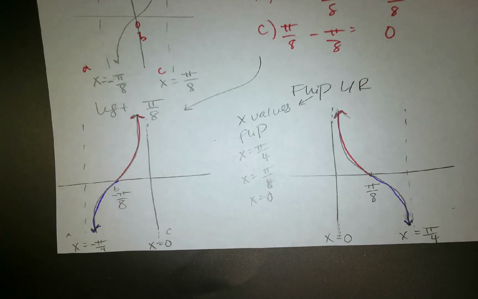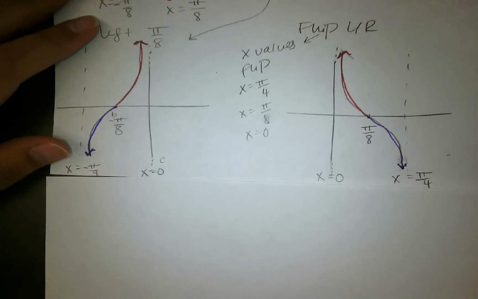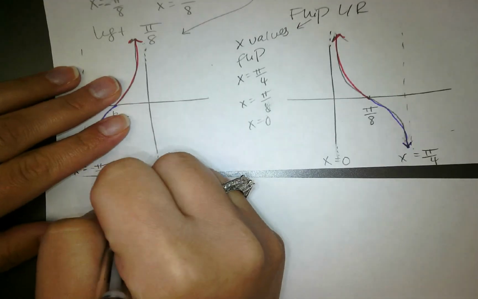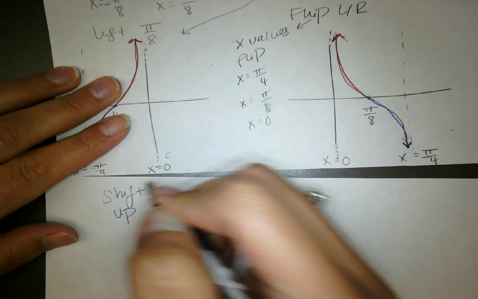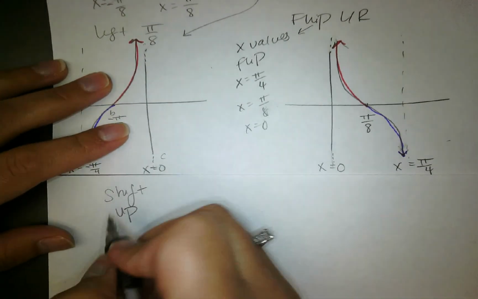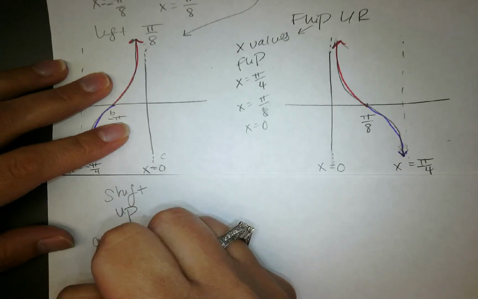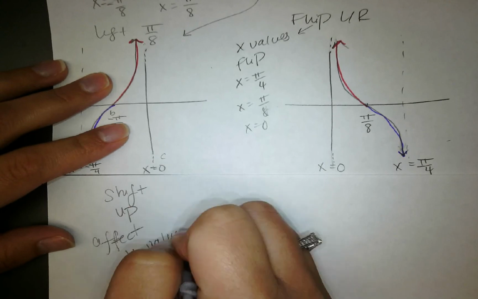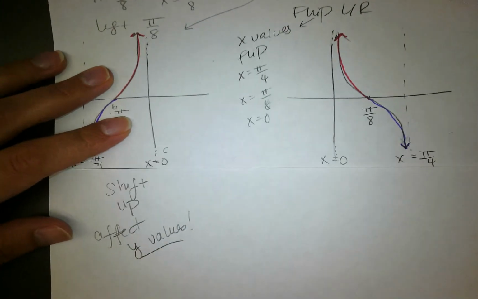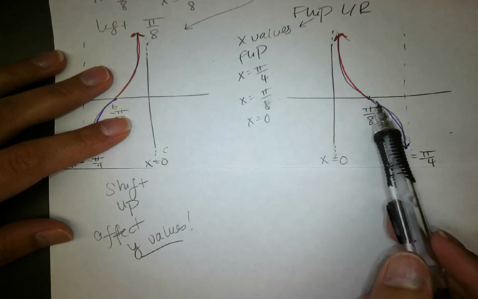Alright, and last but not least, we have an upshift. So we're going to take this and shift up. That affects your y values. So it doesn't affect your asymptotes. Your asymptotes are x values, so it doesn't affect those. But it will affect this y value.